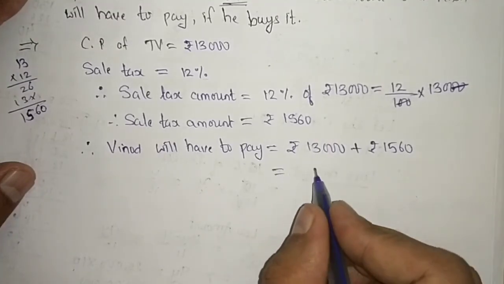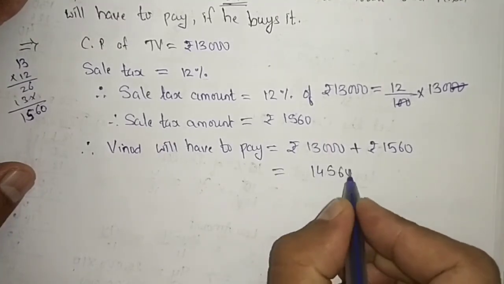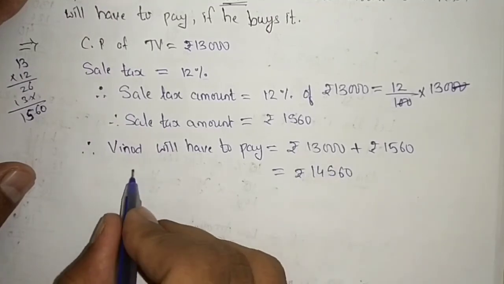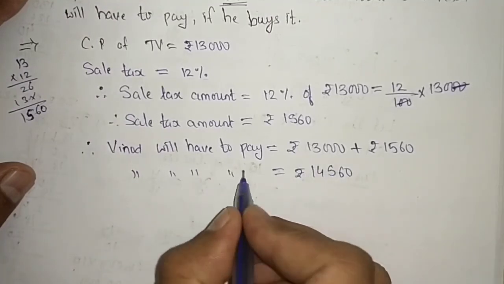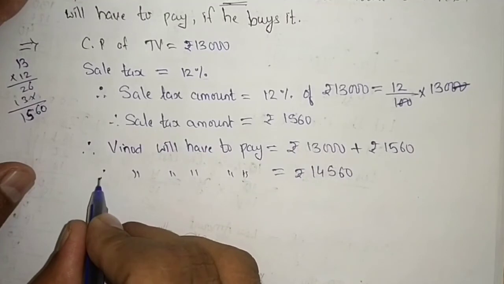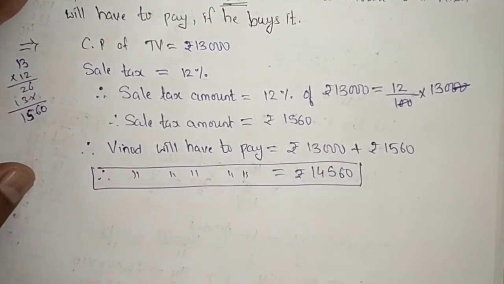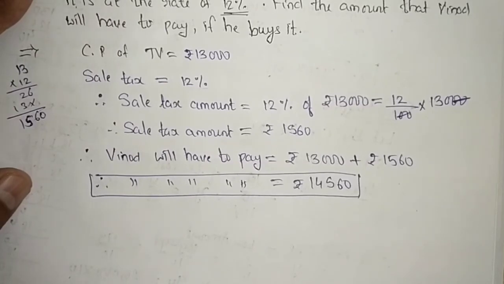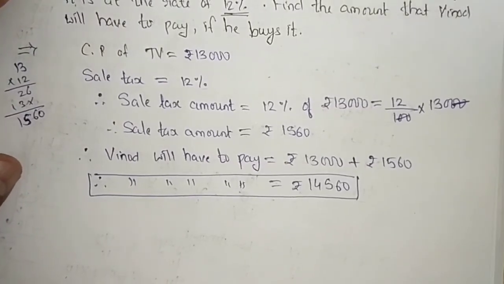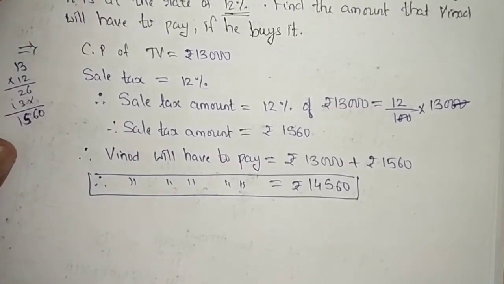So it will be 14,560 rupees. So if Vinod wants to buy this, he will have to pay 14,560 rupees. Hope you have understood both the questions.